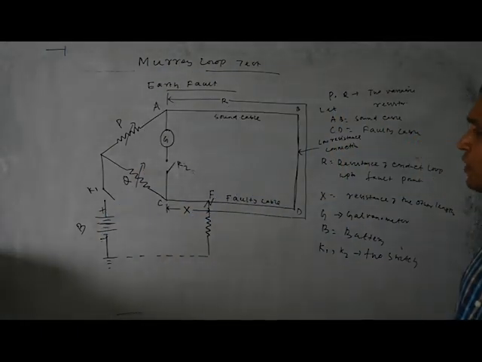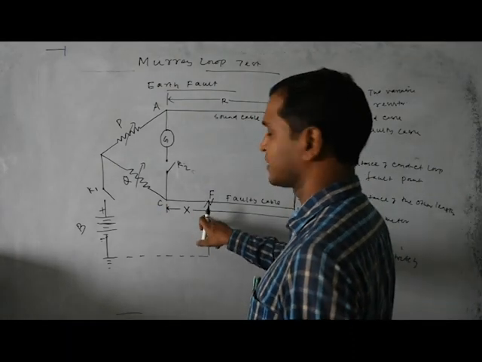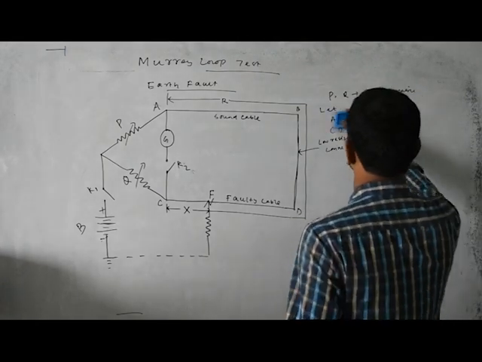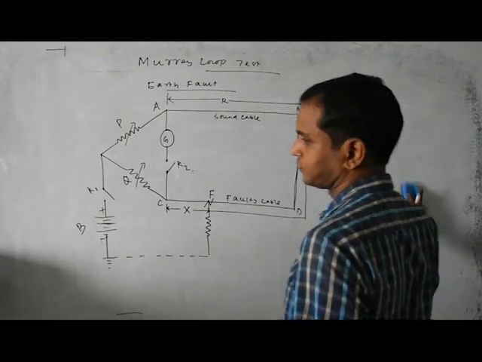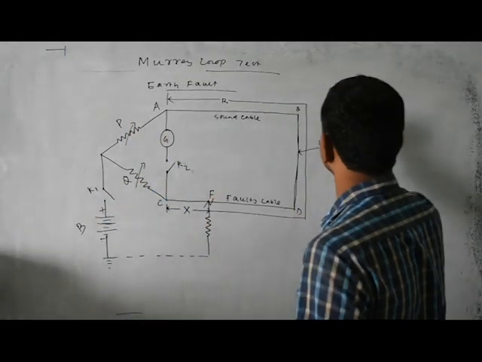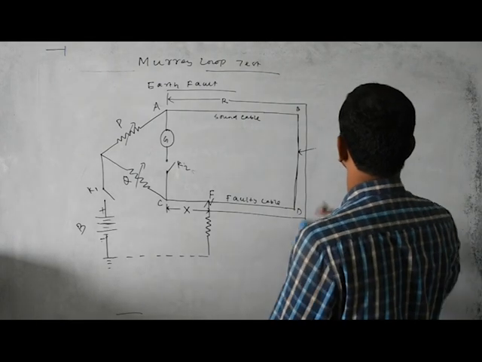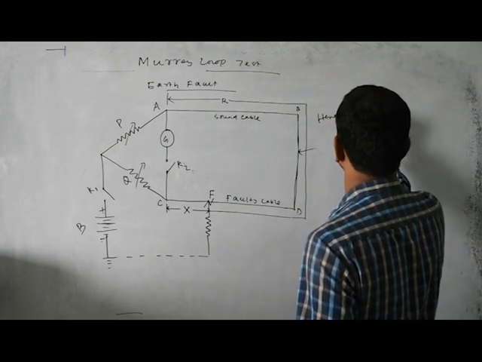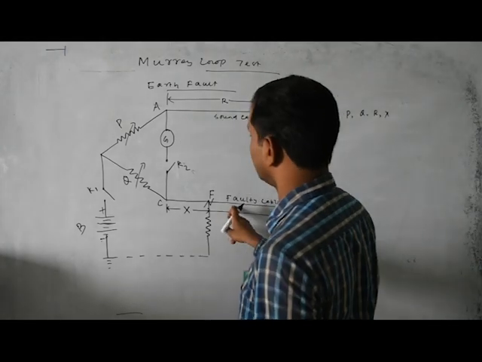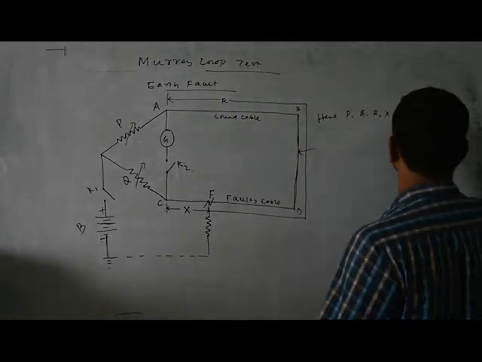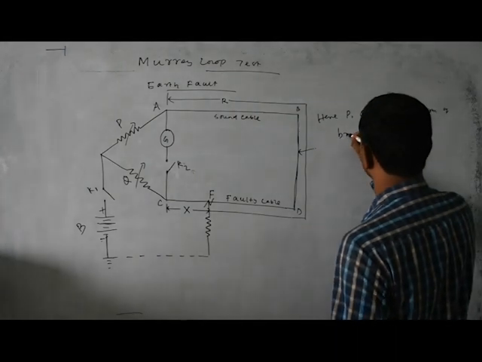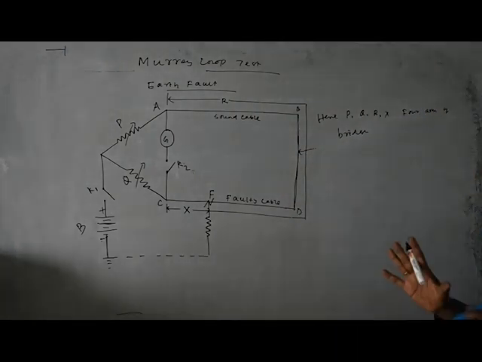Now we have to find out the distance of X. This is P, this is Q, this is R and this is X. This looks like a bridge.